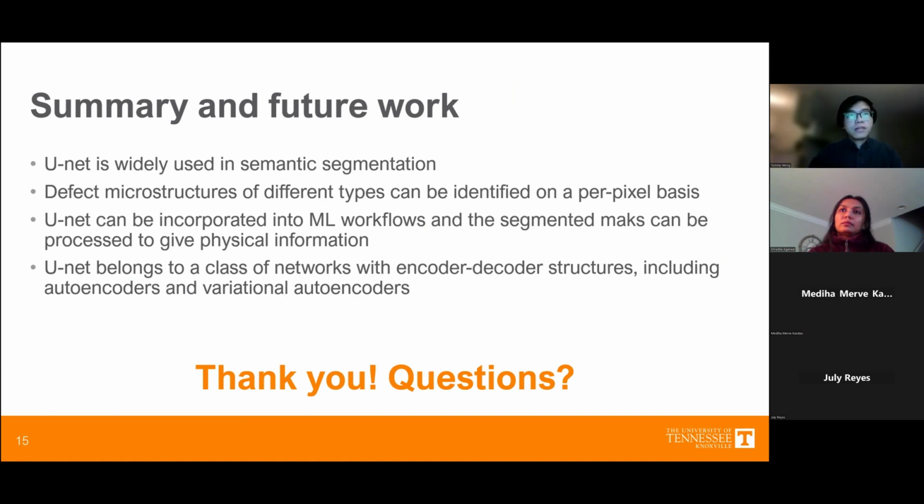And similar networks which use the encoder decoder structure could be used to extract physical information directly from images from TM experiments. So this is the end of my presentation.